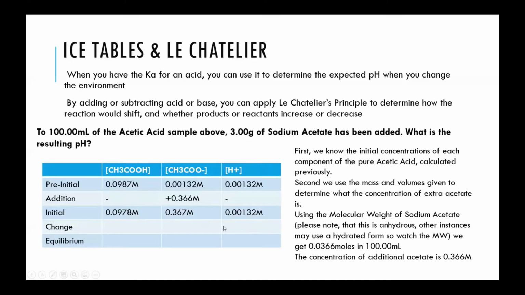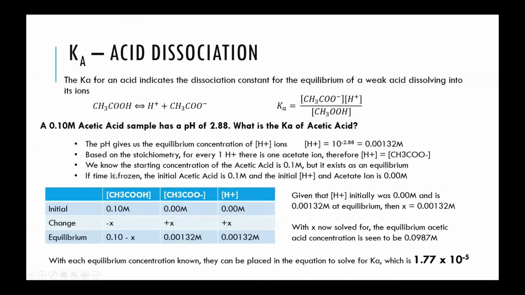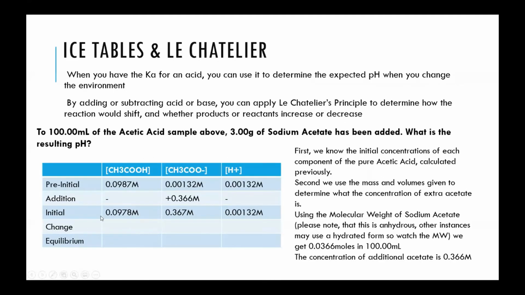So now you have the initial stage. This was just kind of how we started off with this ICE table up here for determining the acid dissociation. After this, figuring out the concentration of the added component, now we're back to the initial concentrations at time equals 0.